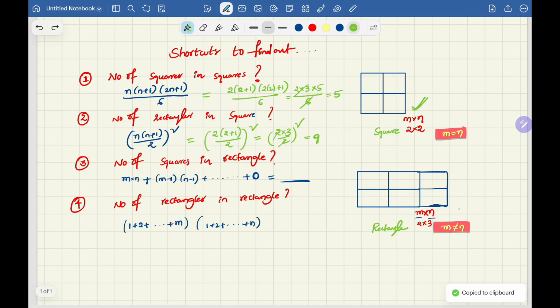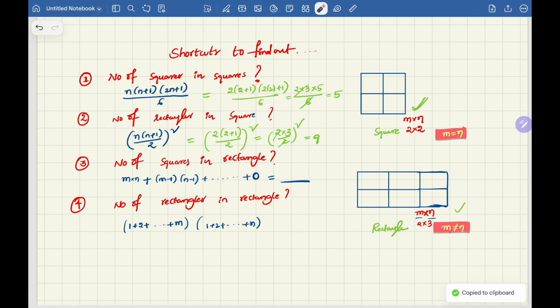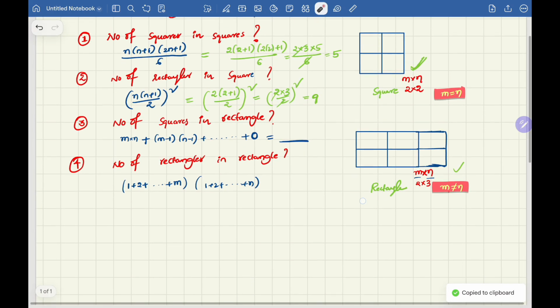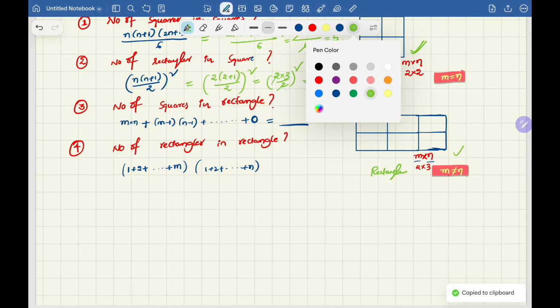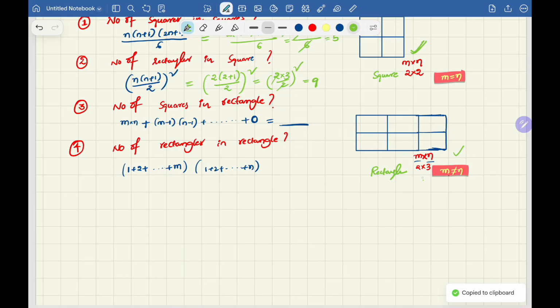Now when it comes to a rectangle, if you see here, it is a rectangle. Now we need to find out the number of squares in a rectangle. Here I'll tell you how to find out squares in a rectangle. Here it is a 2 by 3 rectangle. So you need to find out the number of squares in that rectangle. If you see that question, number of rows 2, number of columns 3. See how to start.